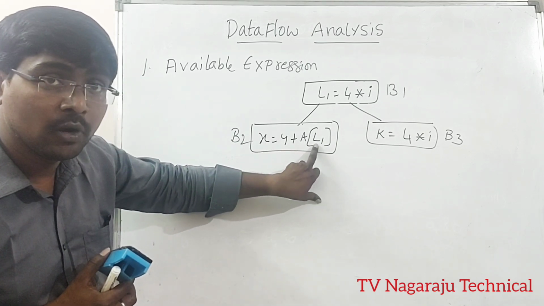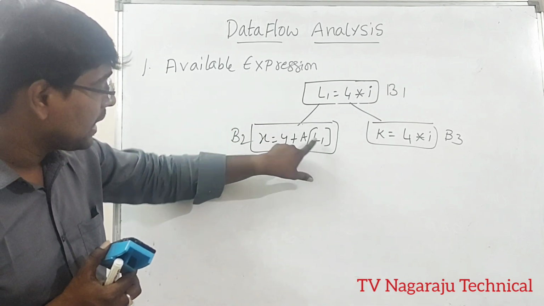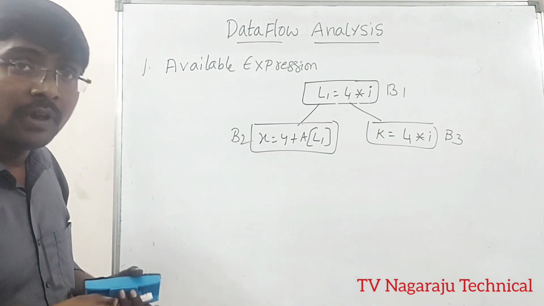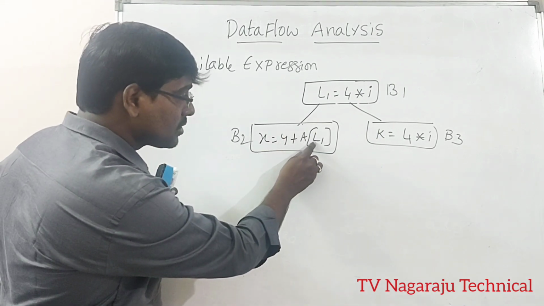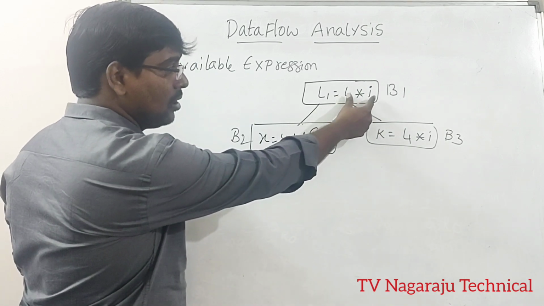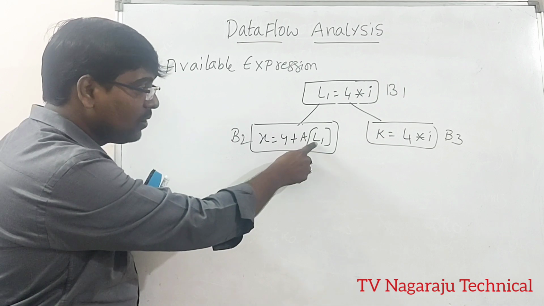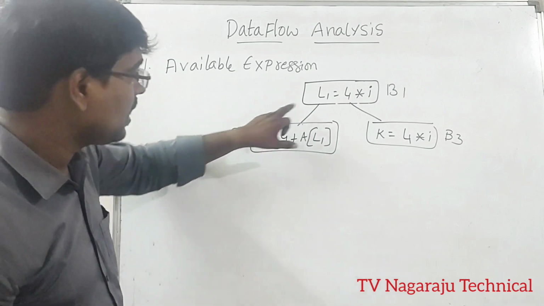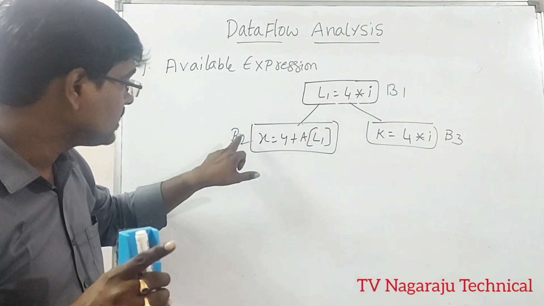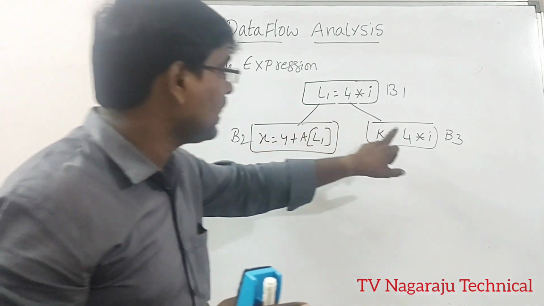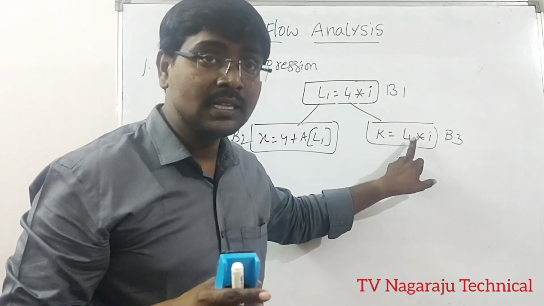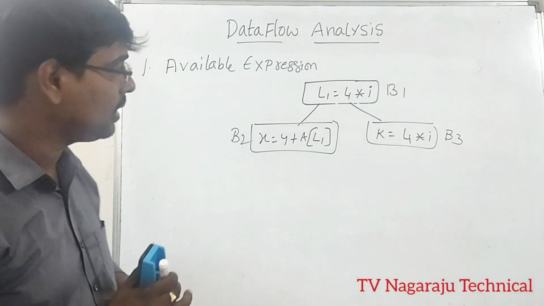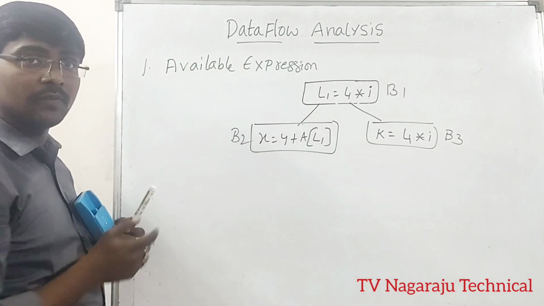Here we are using 4 into i, which is already computed, and we are reusing it without any modification. The expression 4 into i is available to block B2, and at the same time the same expression is available to block B3. What is the use of this?